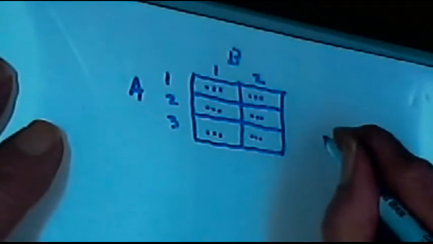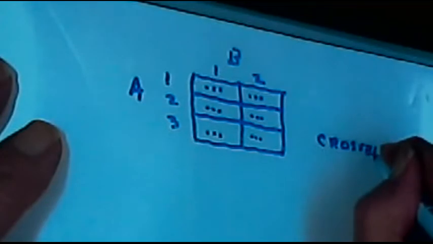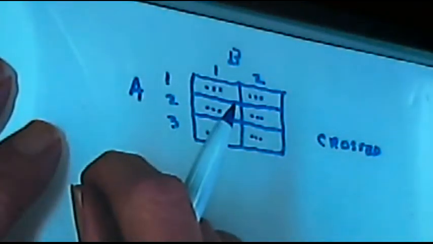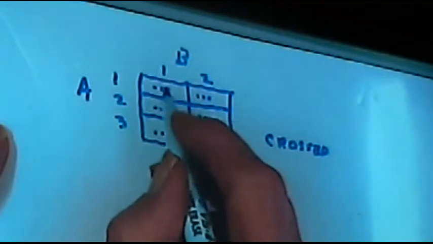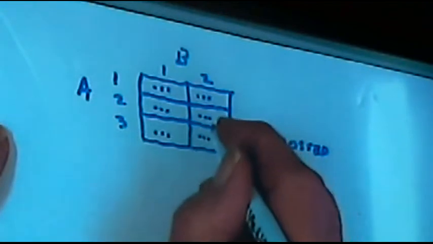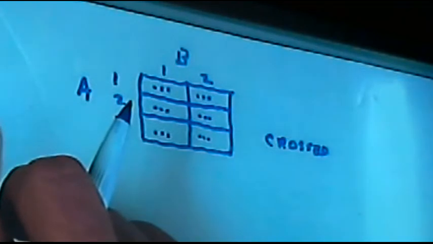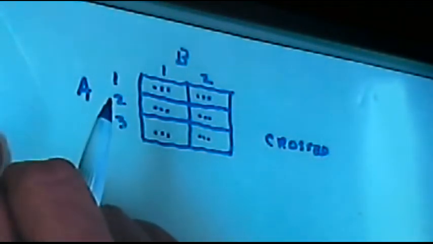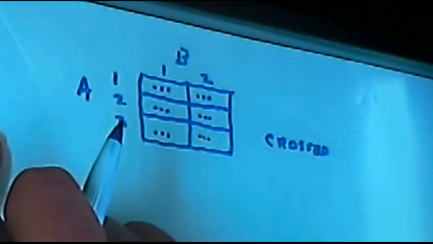But anyway, in this kind of situation, we say the two factors are crossed in that each level of factor A is matched up with each level of factor B. So A equal 1 is matched up with B equal 1 and B equal 2, A equal 2 is matched up with B equal 1 and B equal 2, and so forth down the line. So if we have an experiment like this, which is the type we have been talking about, we say the two factors are crossed. Now, what's this new idea about nesting?